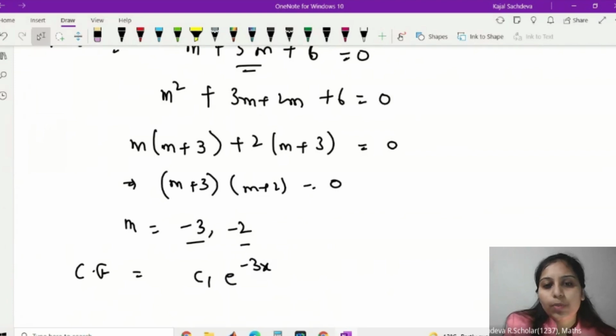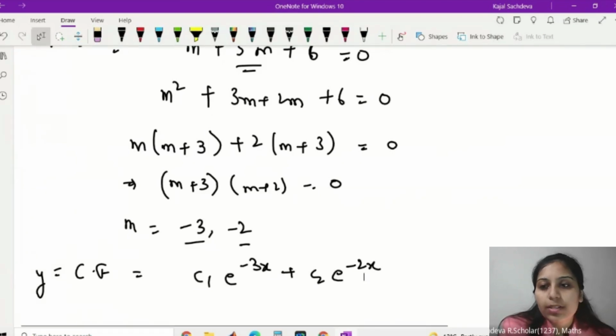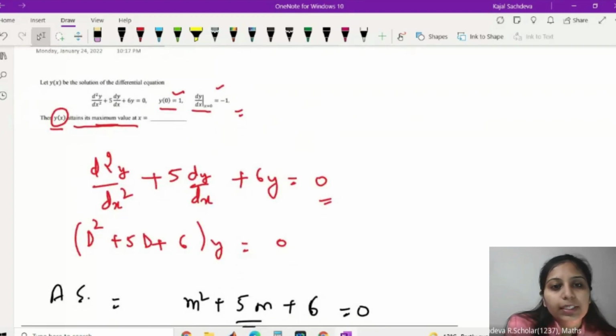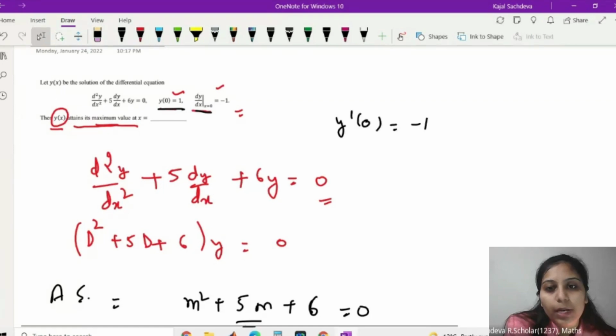So we can write its solution very easily: y is equal to C1 e raised to power minus 3x plus C2 e raised to power minus 2x. So this is the complementary function, which is also equal to the complete solution here because we have the homogeneous equation here. Also the given condition is y(0) is equal to 1 and y dash 0 is equal to minus 1.